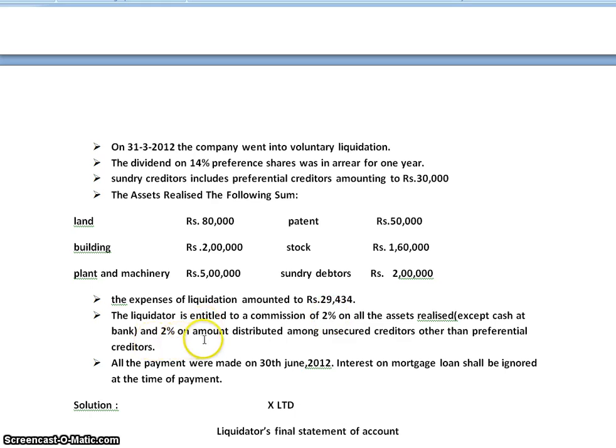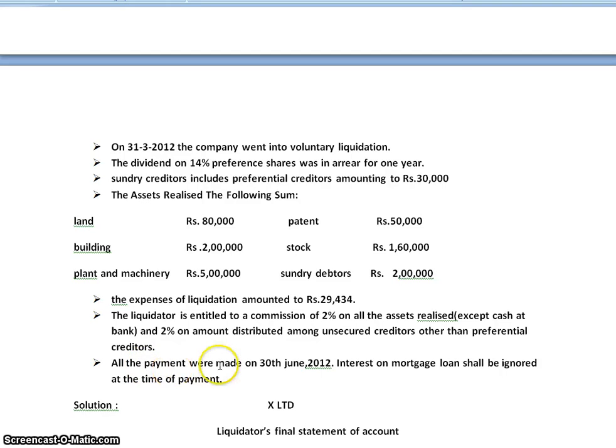And 2% on the amount distributed among the unsecured creditors other than the preferential creditors. That means for making the list of unsecured creditors, or for paying the unsecured creditors also, he will get a commission of 2%.